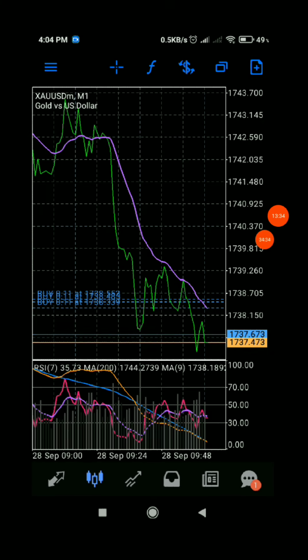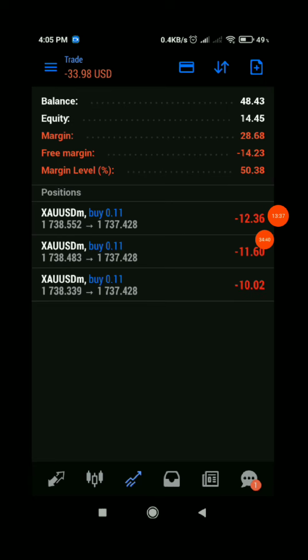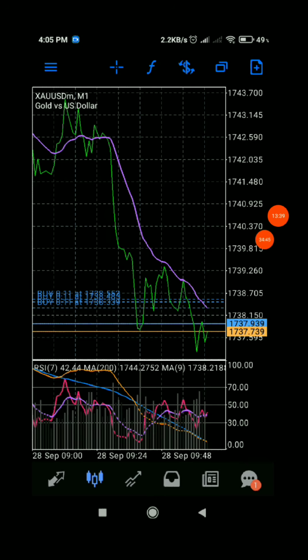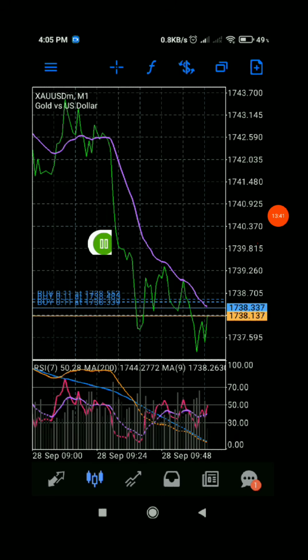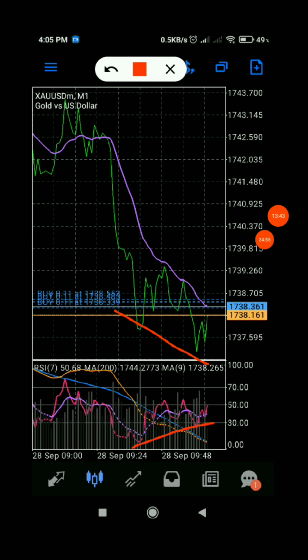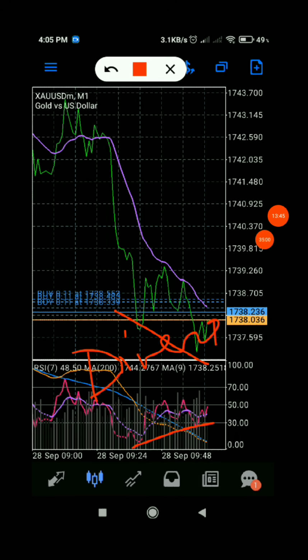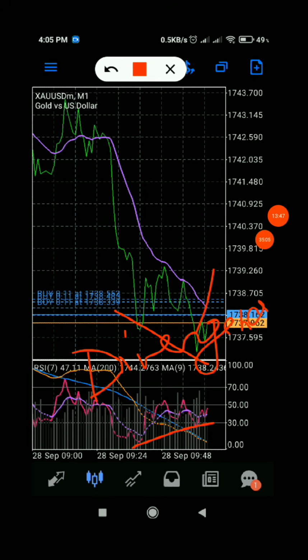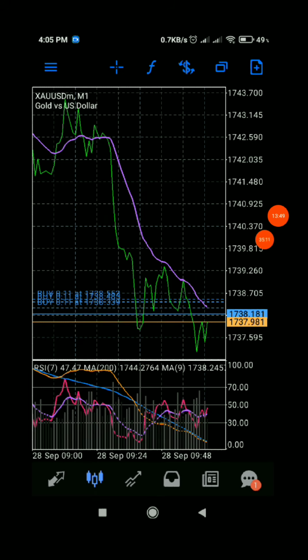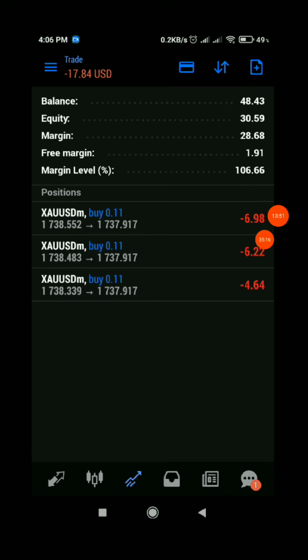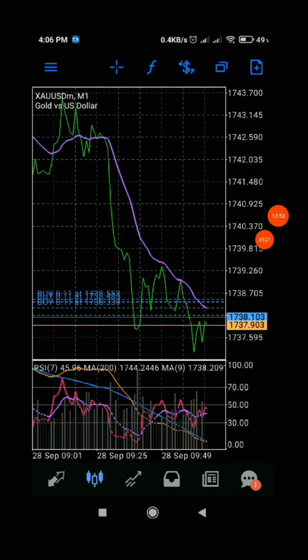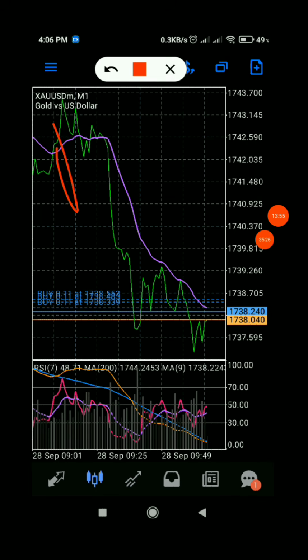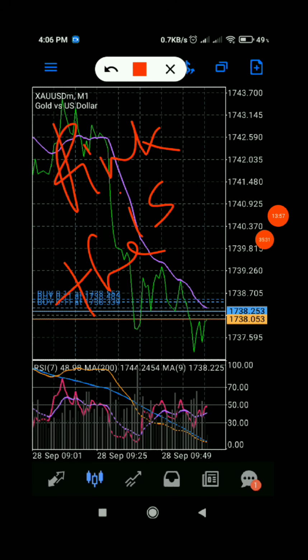And another thing you can take into account here is the divergence. Divergence means the reversal.